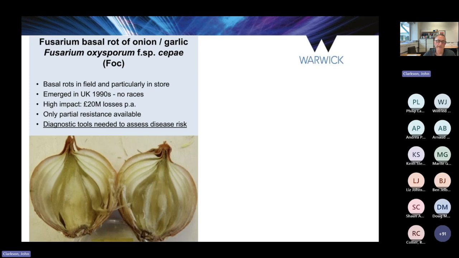We probably don't have complete sources of resistance to basal rot in onion, but there is partial resistance out there. And so one of the priorities, at least, that we've been dealing with is to develop diagnostic tools to assess disease risk. And as we'll see in a moment, one component is focused on a soil test for this particular forma specialis.